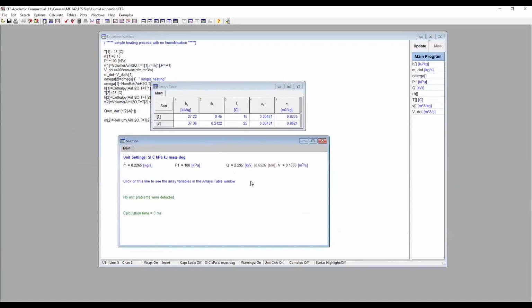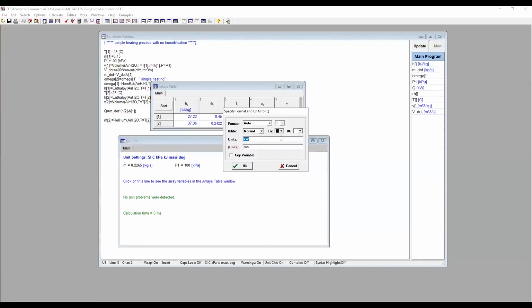Let's see how accurate we were. What was the Q dot we got using the psychrometric chart? 2.3 kilowatts. Very good, 2.295. And this format here is interesting. Right click on this, you have one box for units, that's the main unit. Another box for an alternate unit.